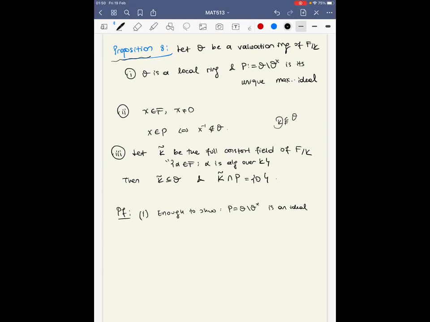Because then we can see that it's a unique maximal ideal in O. And this gives us that O is a local ring.